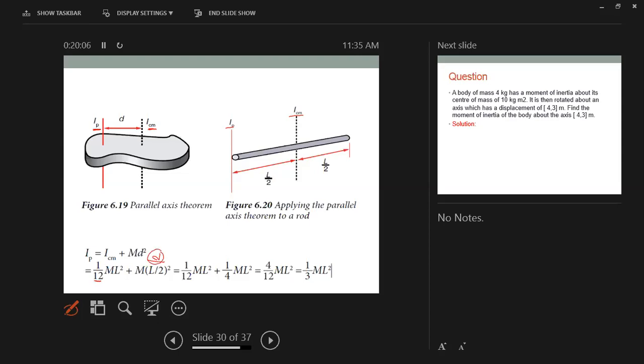So m times L over 2, squared. When we add them, we get 1 over 3 m L squared for a simple rod. This is the moment of inertia for the rod when we apply the parallel axis theorem.